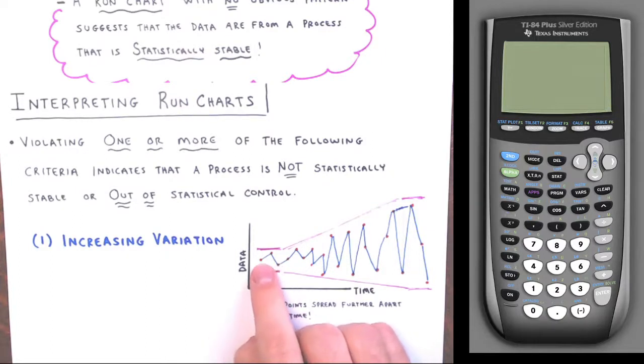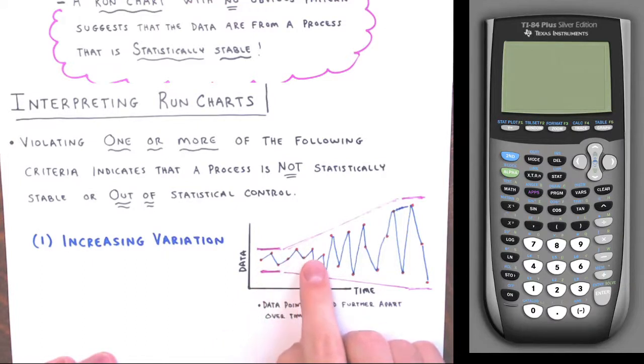If I want my bottles to be filled with 32 ounces, say 32 ounces is the specification, and maybe all these bottles in the beginning are filled with reasonable amounts around 32 ounces, right?